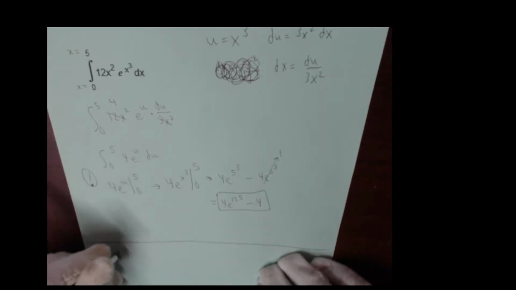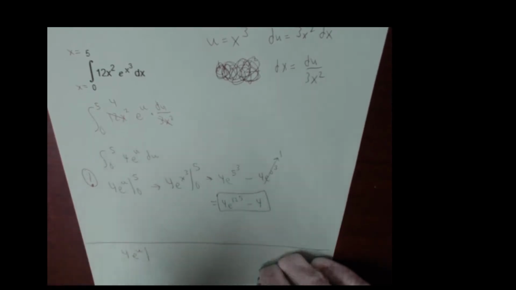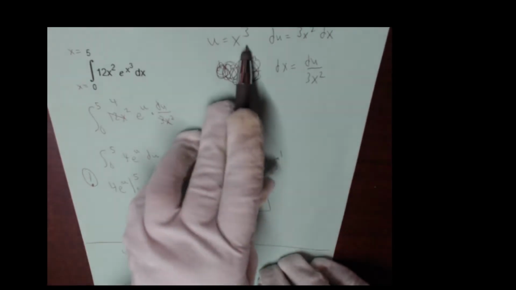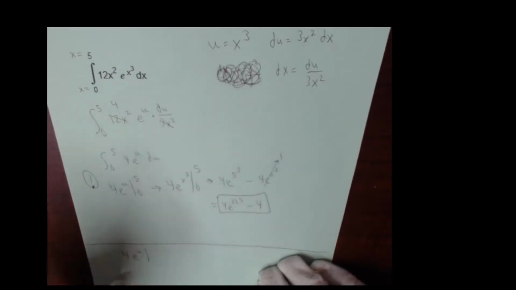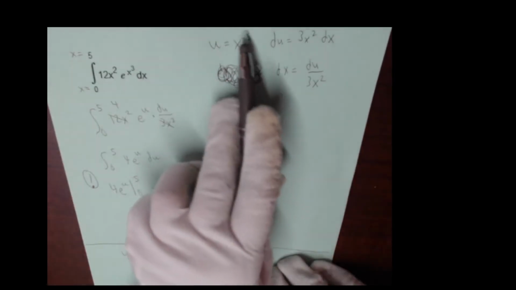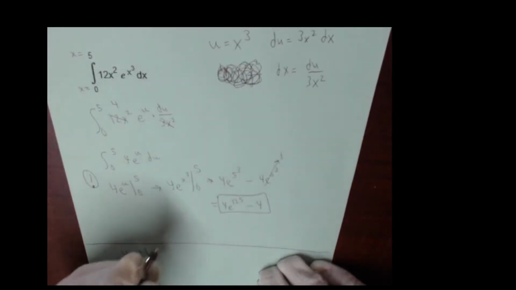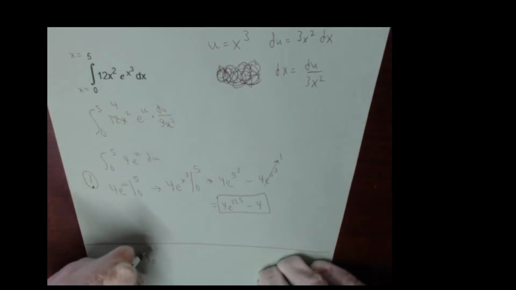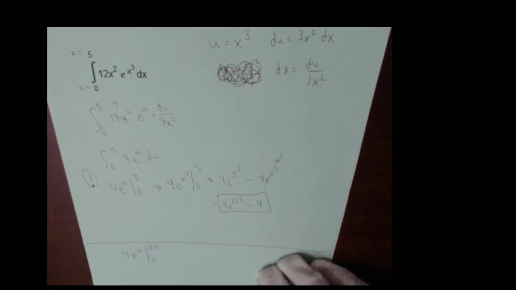So what we have now is 4e to the u, and we'll plug in our 0 bound. 0 times 0 times 0 is 0, so the lower bound stays the same. Then we have our 5 bound. 5 times 5 times 5 is 125. And so now these are u bounds instead of x bounds.